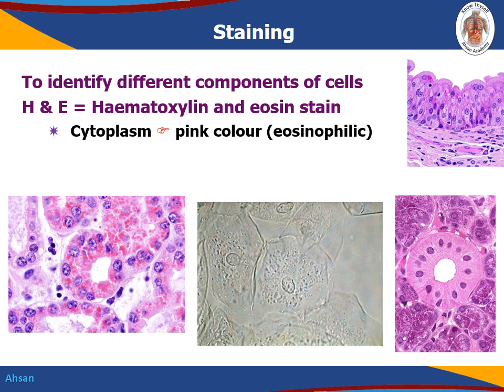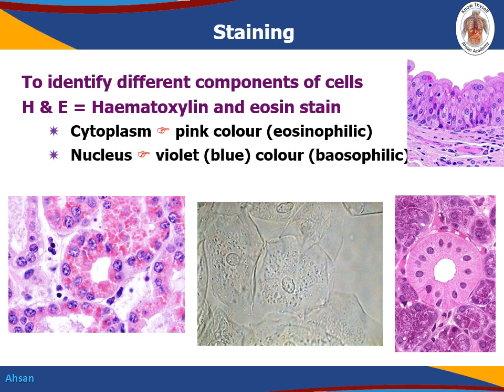So the cytoplasm becomes pink. We say eosinophilic, meaning it has affinity for eosin, and the nucleus is violet or blue in color because it has affinity for the basic dye. This is basophilic.